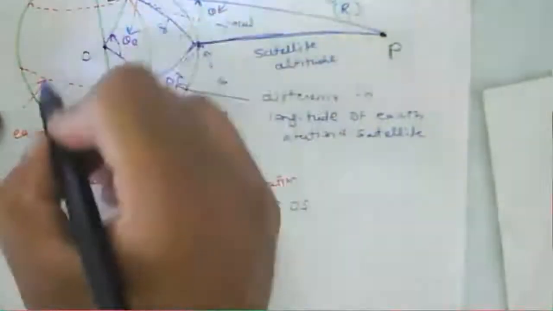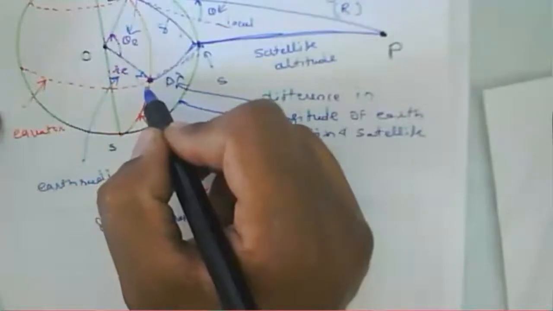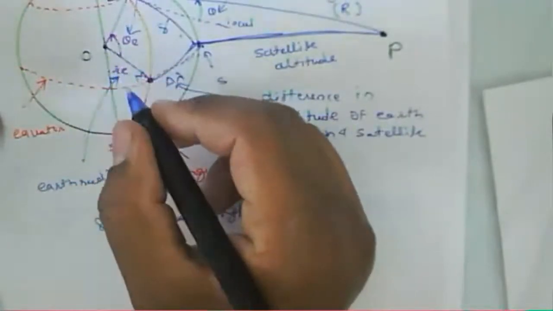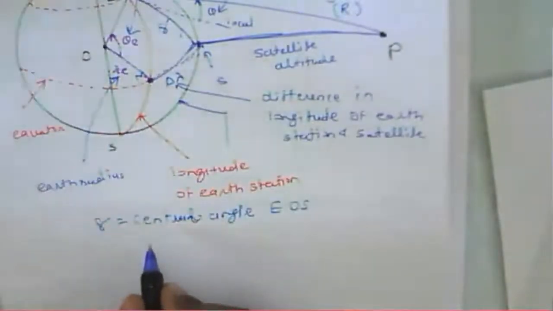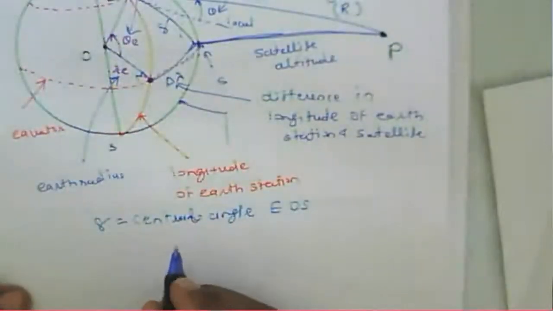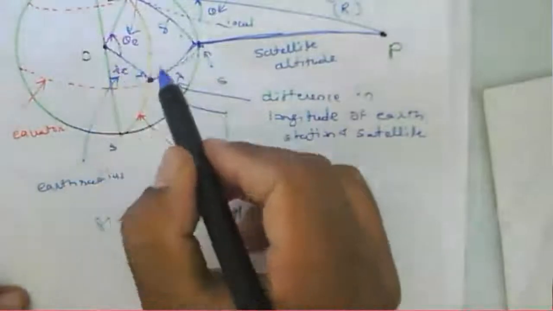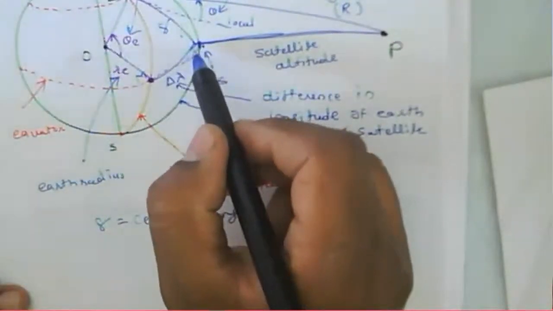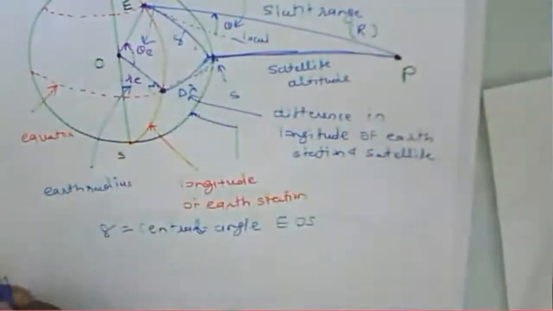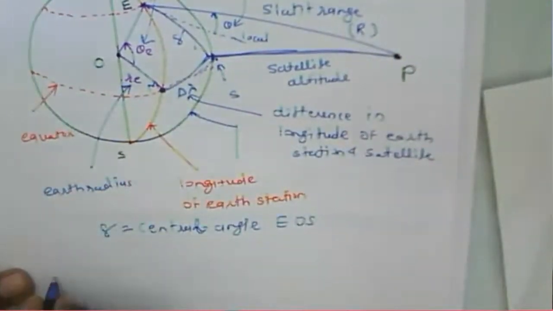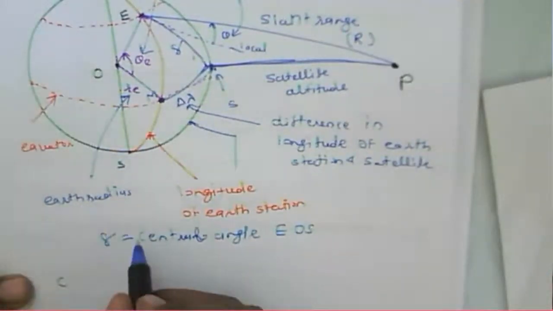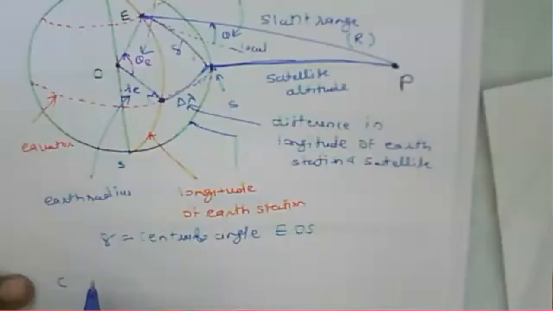Okay, this is about latitude. And this particular central angle is formed by the line from the earth station and the satellite point, that is the subsatellite point or satellite center point. So using that, you can calculate that central angle there.